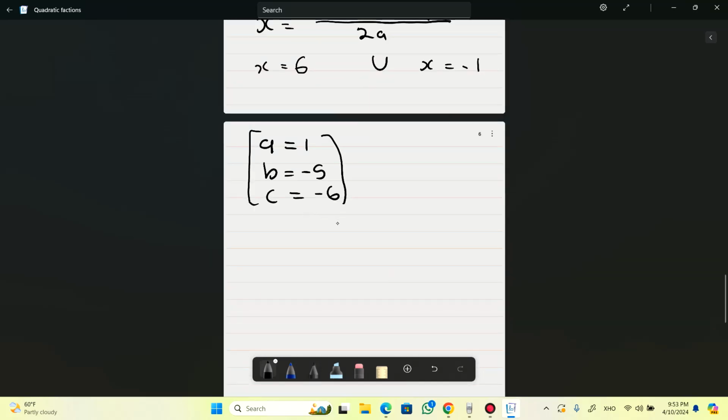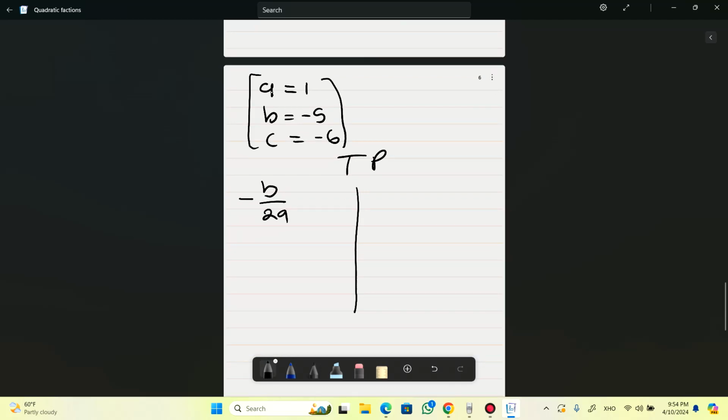Okay, so now let's talk about our turning point. Remember, for our turning point you could use f prime, or you could use this one here, negative b over 2a. My b is negative 5 and my a is 1.